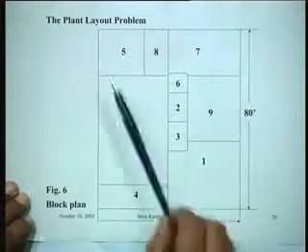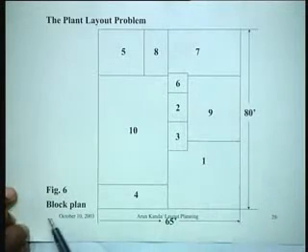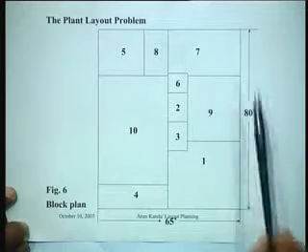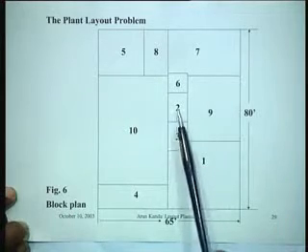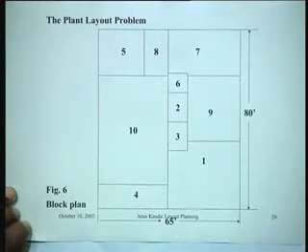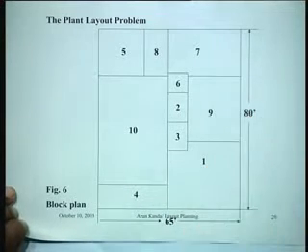So finally what we do is we can develop a plant layout by shuffling these departments, and ultimately this shuffling leads to what is called a block plan. So this is the block plan which shows department 1 should be here, 2, 3, 4, 5.